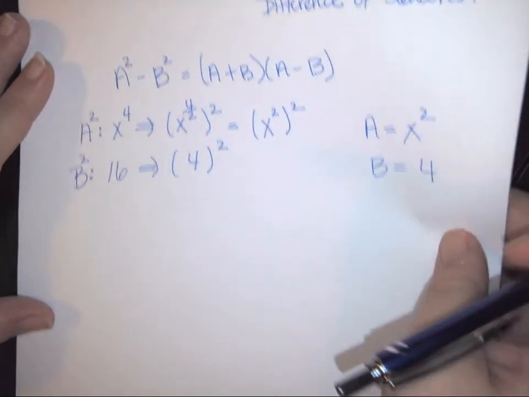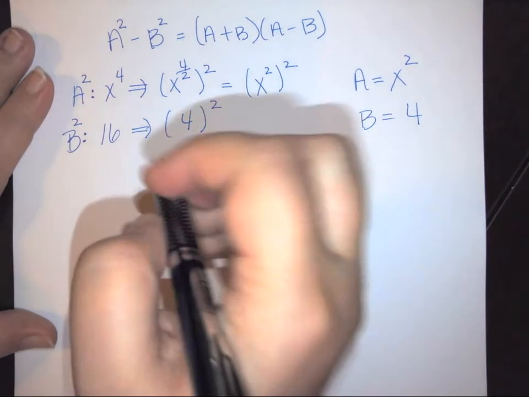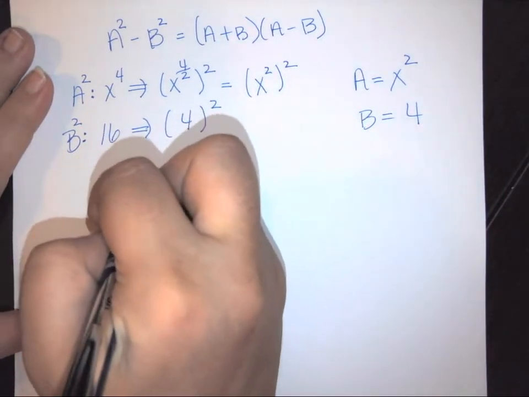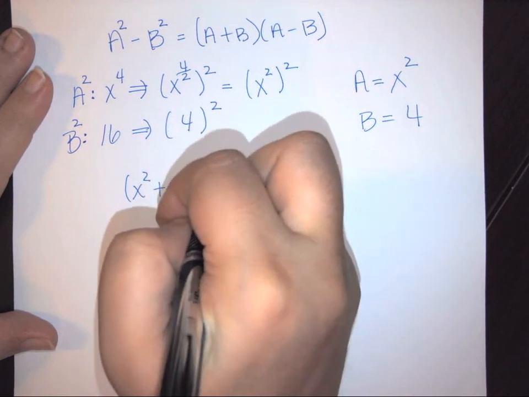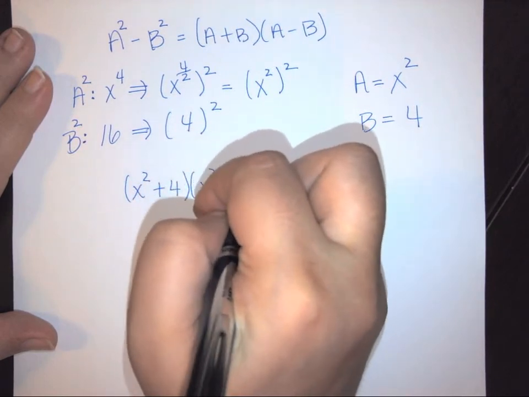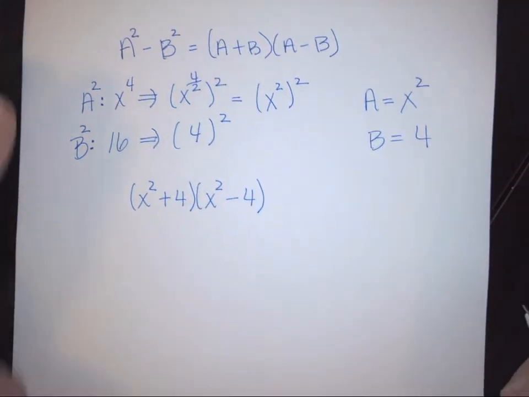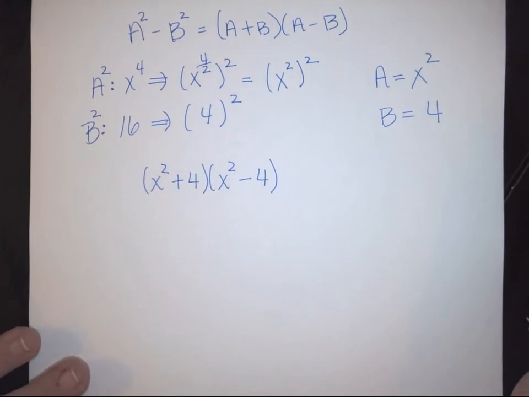So the first thing I gotta do is I gotta plug it into my formula. So this is going to be x squared plus 4 times x squared minus 4. Now a lot of students would stop here. However, you would be wrong.